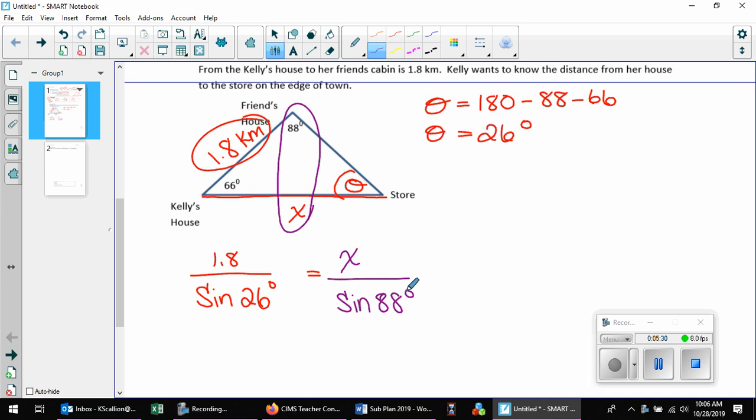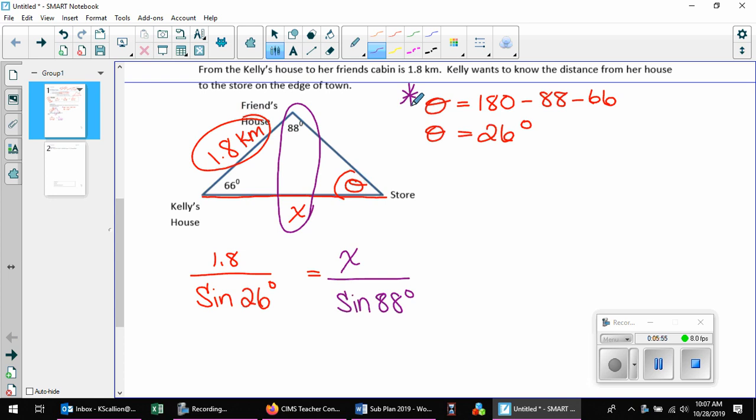Sometimes, and this is what I like to call a known truth, it's true in any triangle. You don't have to prove it to me. You don't have to show me the math. You can just put down that this is 26. Okay, so now I have a fraction on one side, I have a fraction on the other side.